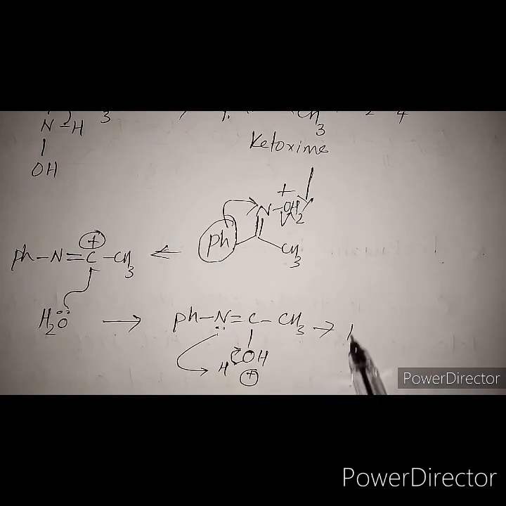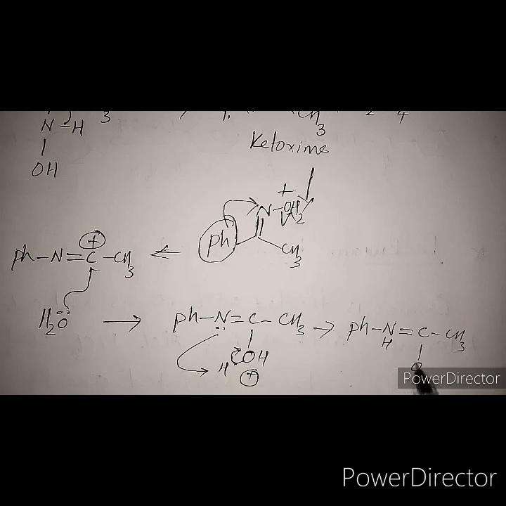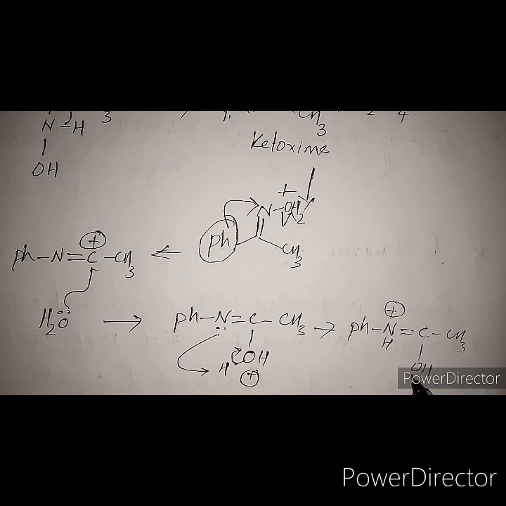So we'll get PhNH double bond CH3 OH. Now it gets a positive charge. In order to neutralize this positive charge, the lone pair of electrons migrates here and this comes here.